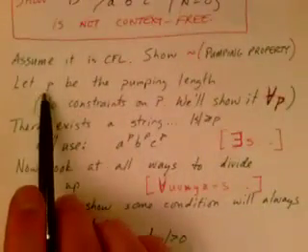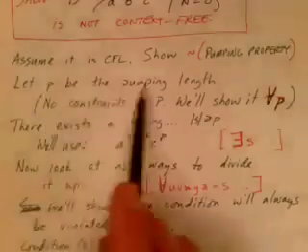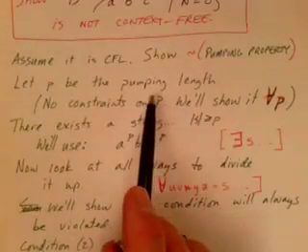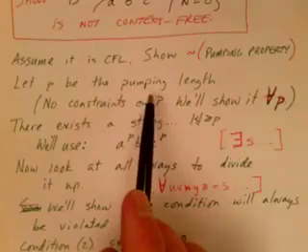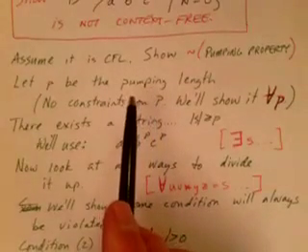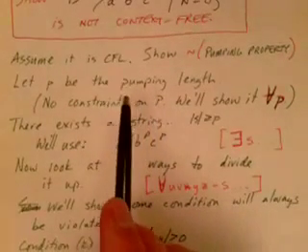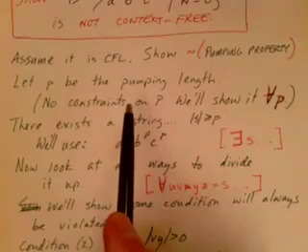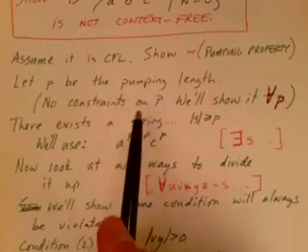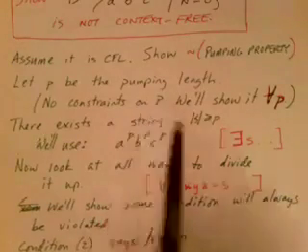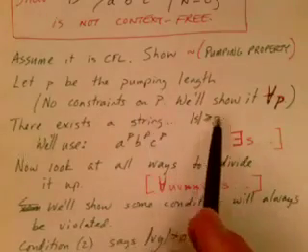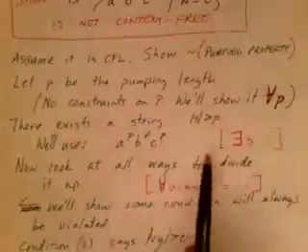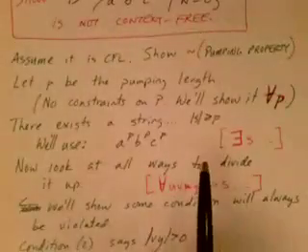Every language must have a pumping length, but we don't necessarily know what it is. So we can't really put any constraints on it. We'll just show that this holds for any P by not constraining it and simply calling it P.